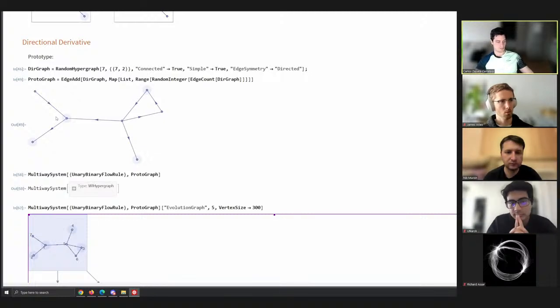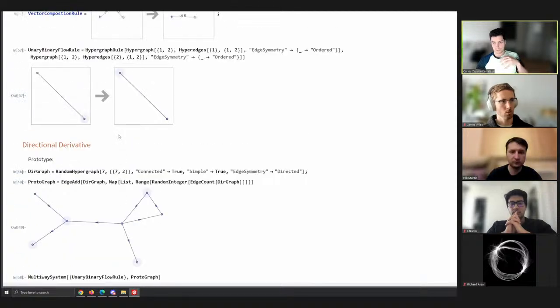And so the idea of a directional derivative, remember, is that your vector field or your curve defines a local flow, and you can compute the rate of change of a given function alongside a particular flow. So a particular flow here is represented by a particular directed graph on a set of vertices, and the function is represented by this particular distribution of unary edges.